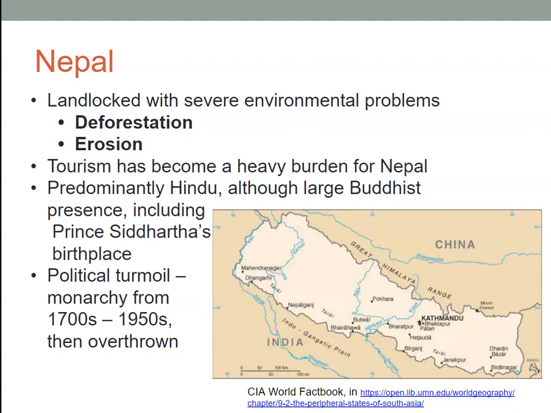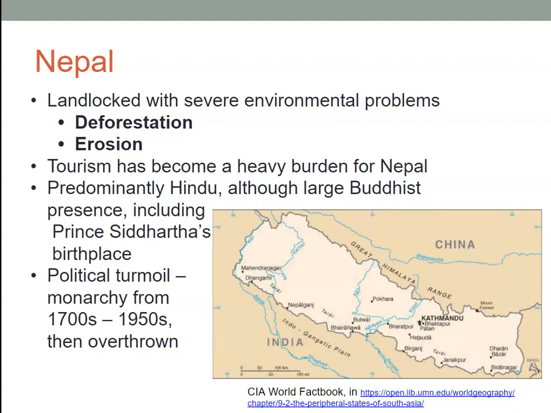Nepal is going to be the home of Mount Everest, which is a giant tourist attraction, which has actually become really problematic. And there's been lots of attention to how tourists are paying lots of money to go to Mount Everest, who are largely unprepared for climbing this very dangerous mountain, and leaving human waste, oxygen canisters, food wrappers, even human bodies.